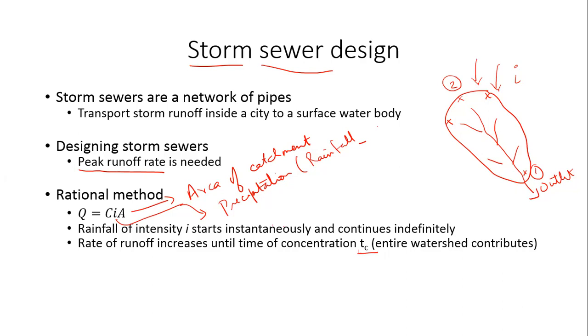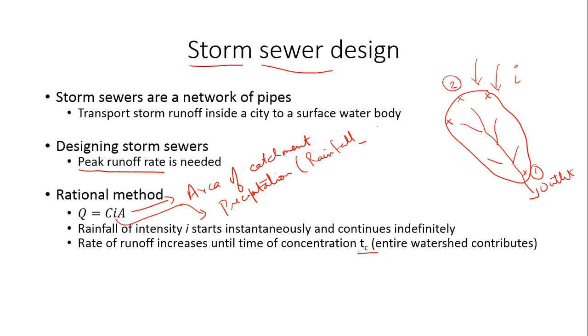Yes. Initially, runoff starts from all of these points that are close to the outlet. After some time, points that are a little further away start contributing, and the outlet experiences runoff from some portion of the watershed. But only when the water that fell at the farthest point reaches the outlet do you have the entire watershed contributing to the runoff. Correct?